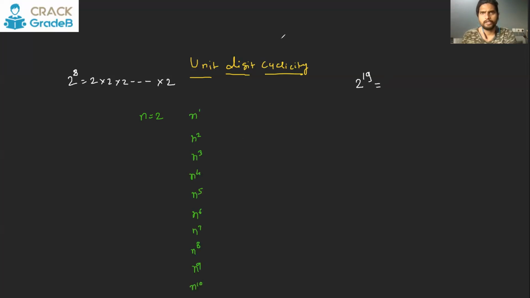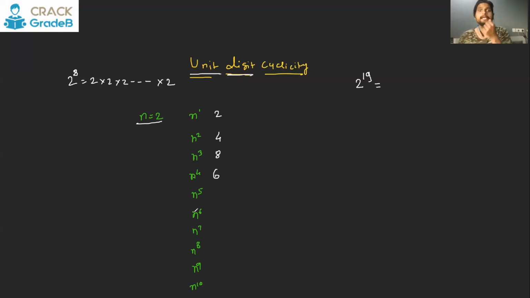If you put n equal to 2, 2 raised to the power 1 is 2. 2 raised to the power 2 is 4, that means 2 into 2. 2 raised to the power 3 means 4 into 2, that is 8. 2 raised to the power 4 is 8 into 2, that is 16. But we are just concerned with the unit digit, that means the last digit, so I'm only writing 6 here.